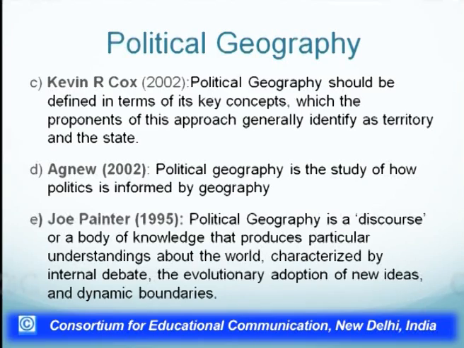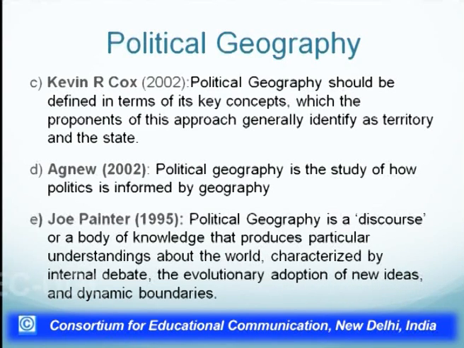Political geography, according to Kevin Cox, can be understood differently. He argues that it should be understood in terms of its key concepts, which he and other scholars in political geography identify as territory and the state. Within this lecture, we will have a lot of focus on territory and the state.